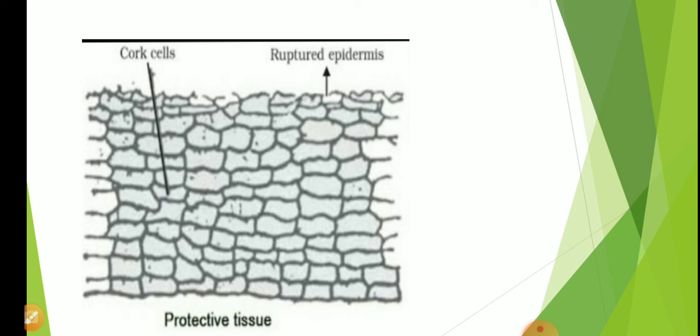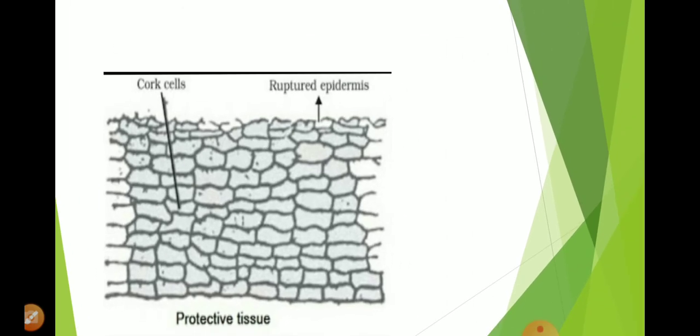Now the function of cork cell. The main function of cork cell is that it prevents the entry of harmful microorganisms like bacteria and fungus into the plant's part. Second, it provides protection against mechanical injuries, extreme temperature, fire, and from browsers.